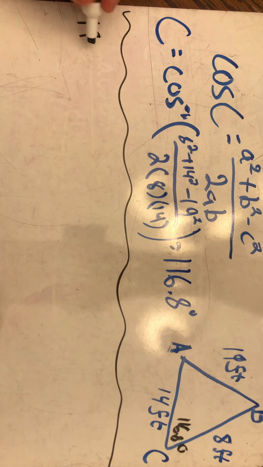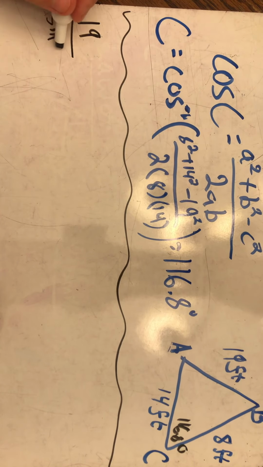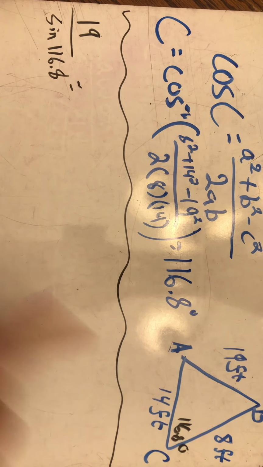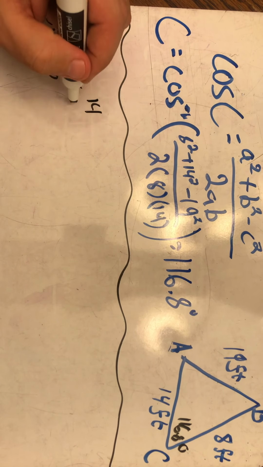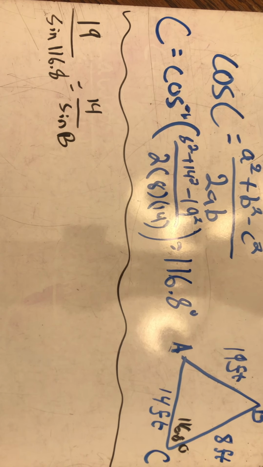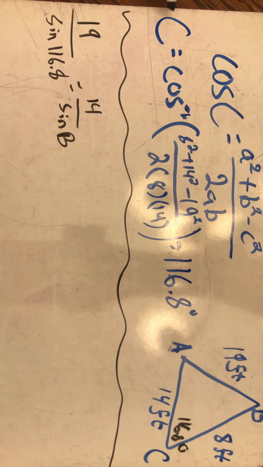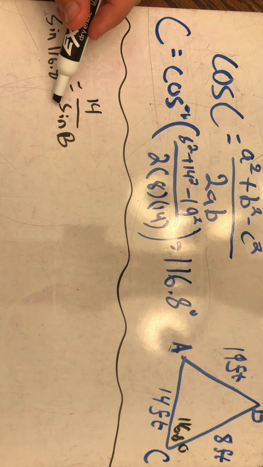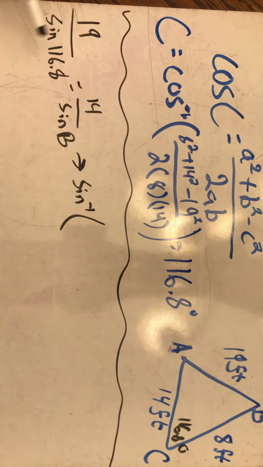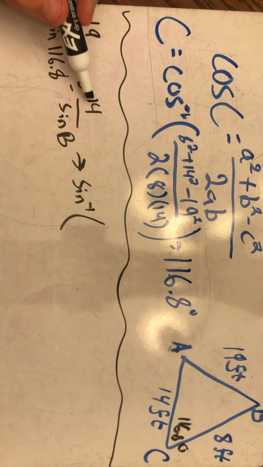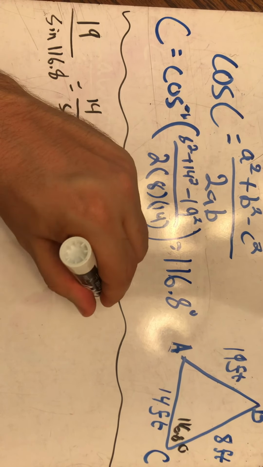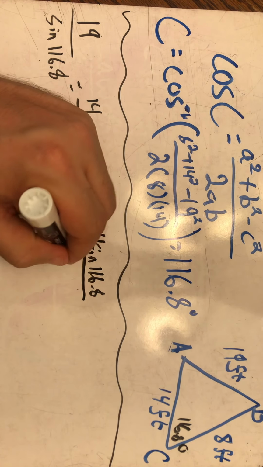So I'm going to have 19 over the sine of 116.8, and that is going to be equal to, since I'm going to find B, 14 over sine of B. Just like what we did to find C, since we are finding an angle, I'm going to have to find the inverse sine of, now you do your cross products, 14 times sine 116.8, divided by 19.